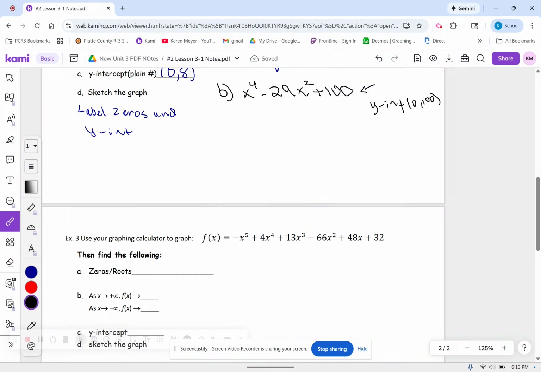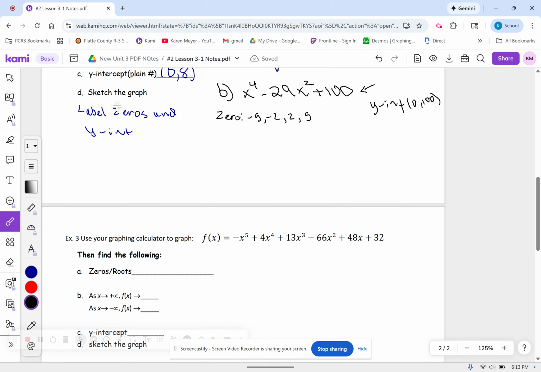So I can come back up here and say our zeros are at -5, -2, 2, and 5. So once again, I didn't have to do any work for that. I already listed my zeros.